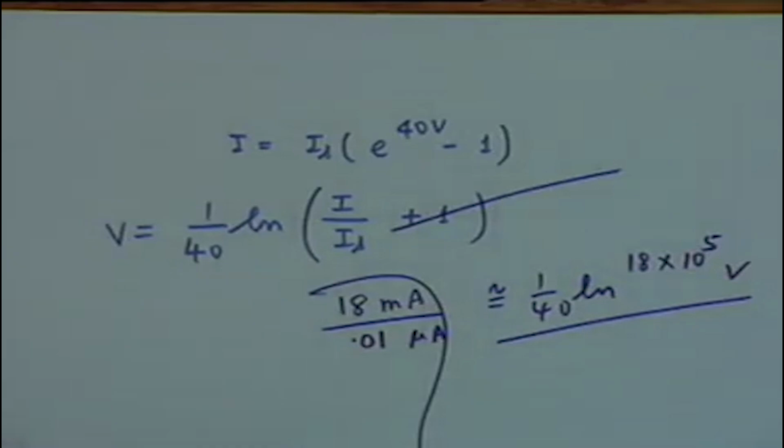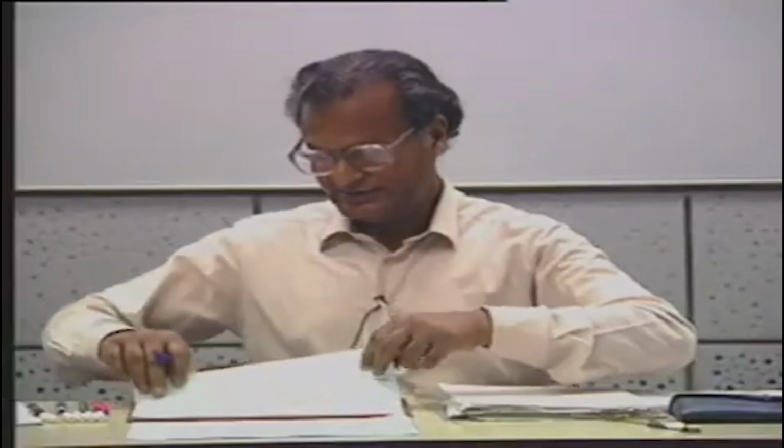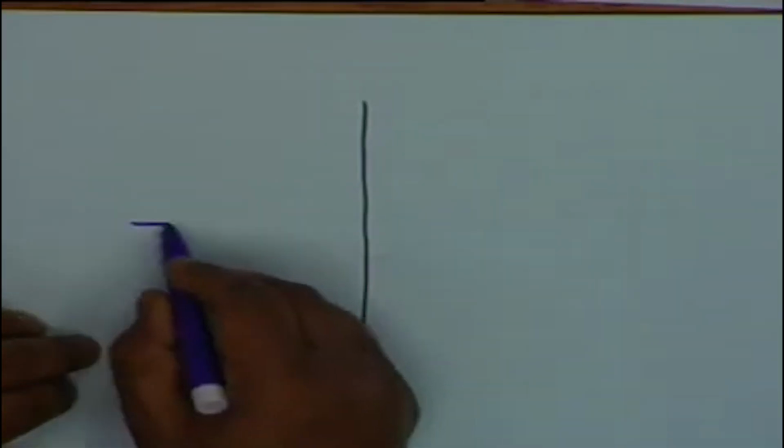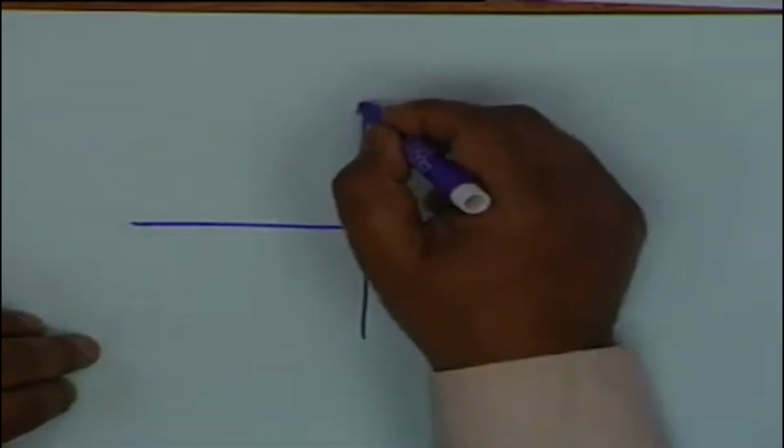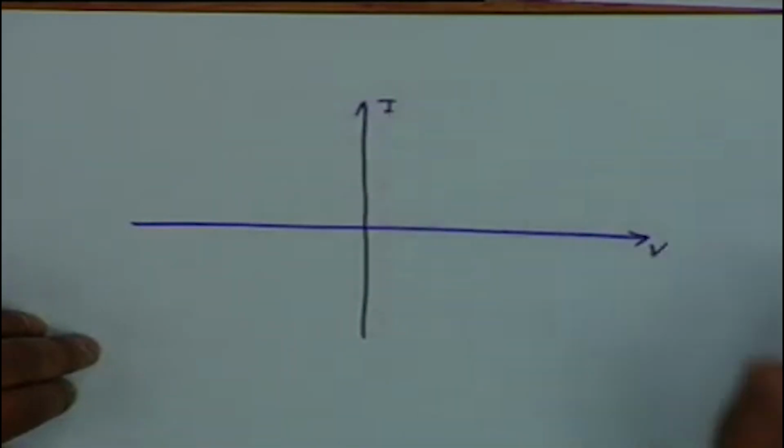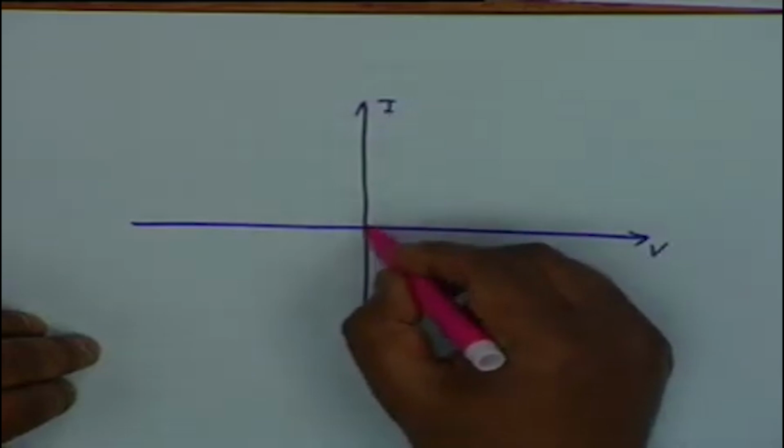Now let us look at what happens to the diode characteristic when the reverse voltage is increased. This is my current and this is my voltage, and the characteristic is like this.